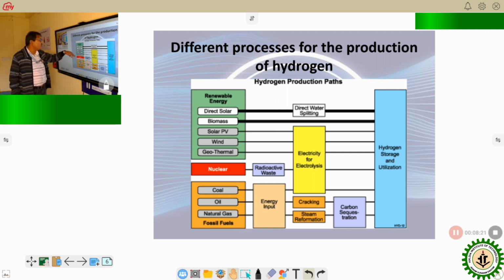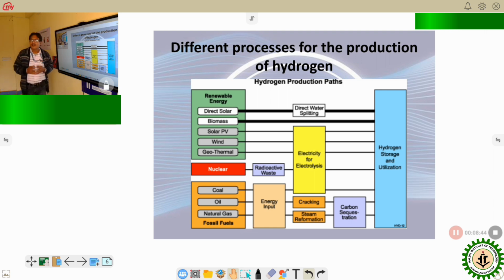So here direct solar energy we can utilize, and solar photovoltaic we can utilize for supplying electricity to the electrolyzer. Wind energy, geothermal. So that would be the absolutely green hydrogen we will produce.